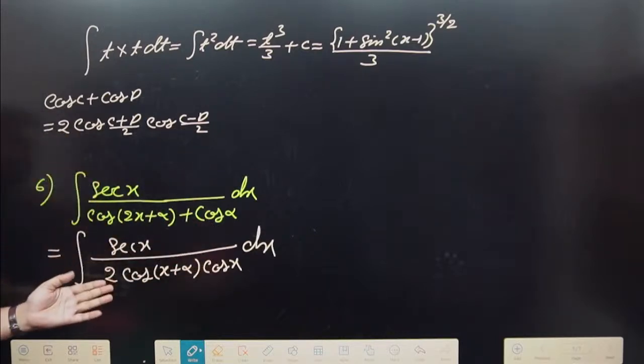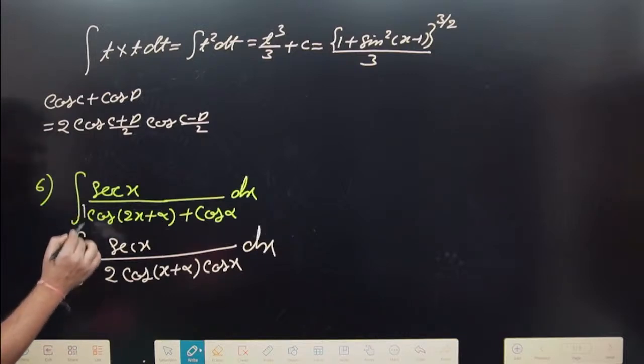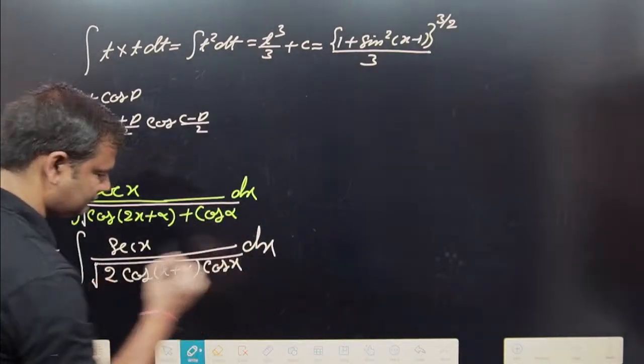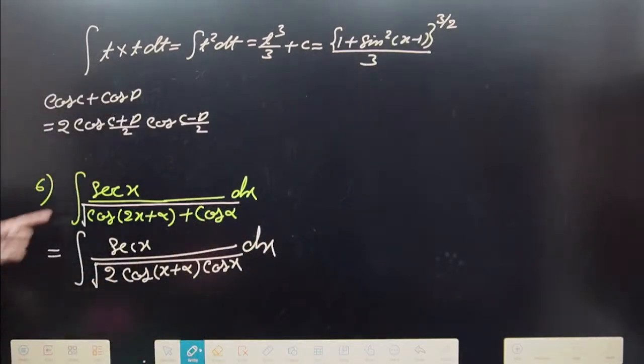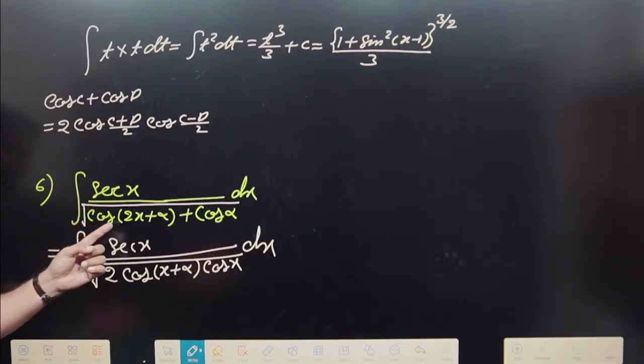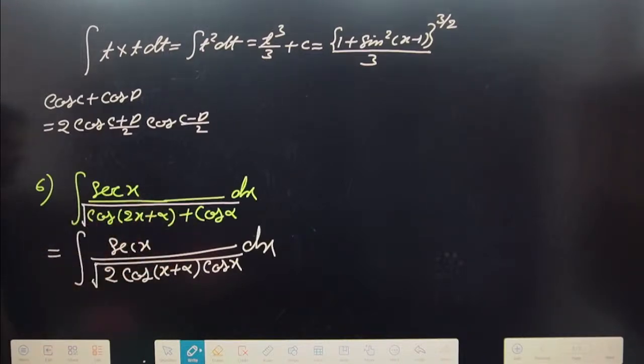So applying that formula, what do we get? After that, look here very carefully. Basically the question is sec x upon under root of cos of 2x plus alpha plus cos alpha. Okay, correction like that.